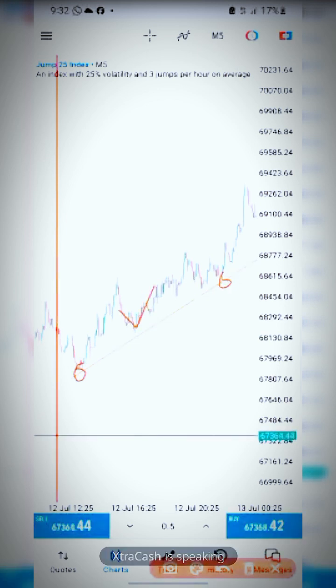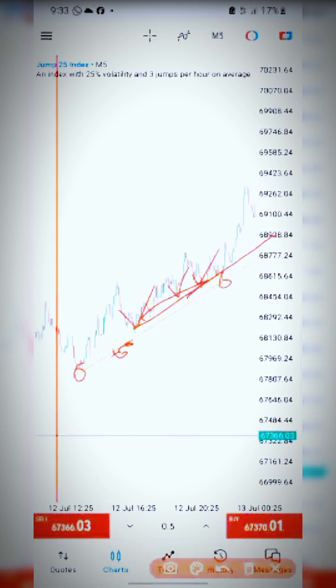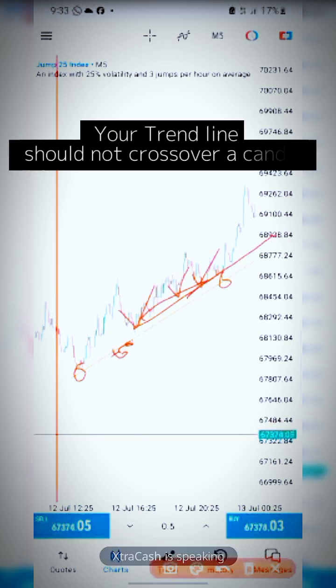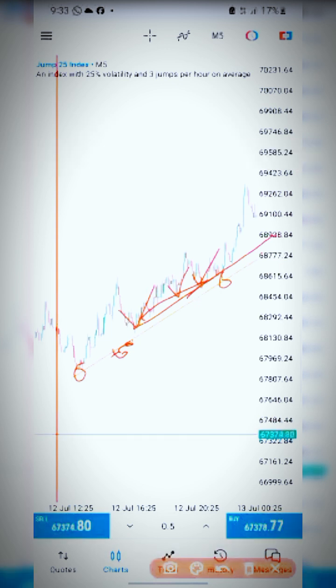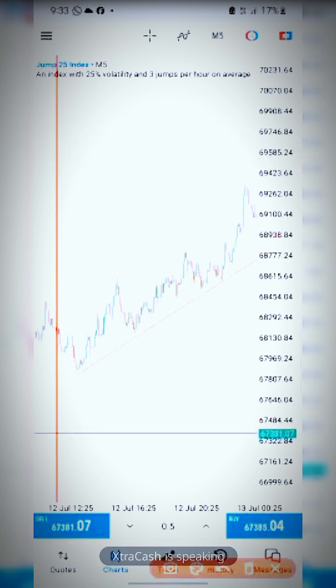The reason why we couldn't get these ones, if we try to make this trend line to the top, the trend line will cross a candle. When drawing, your trend line should not cross over a candle.